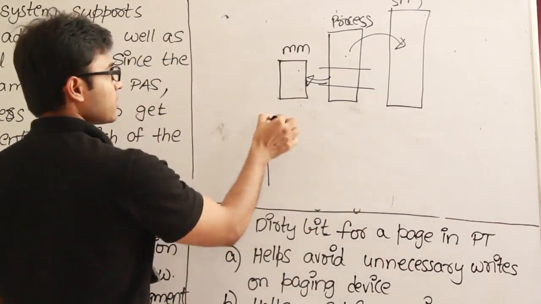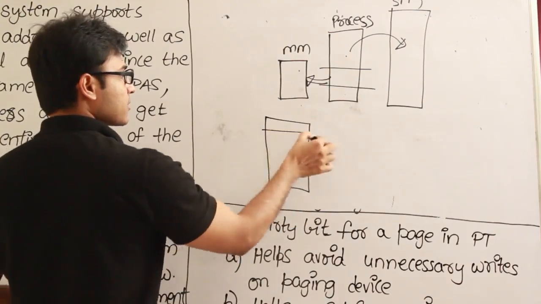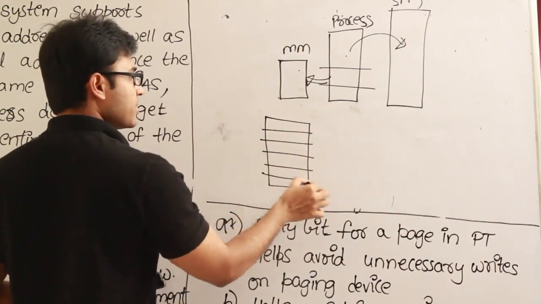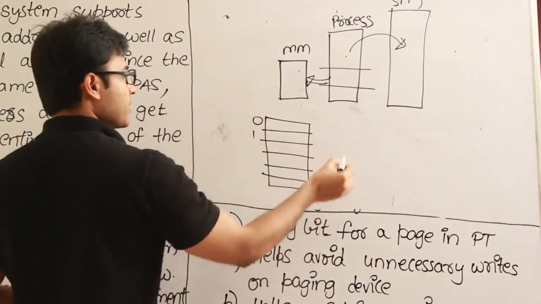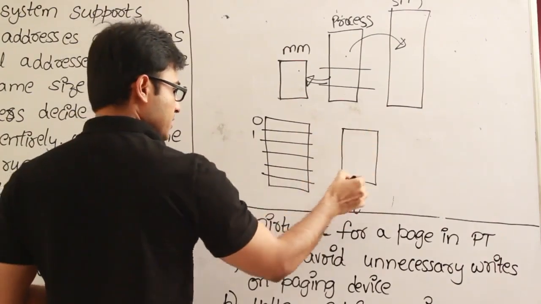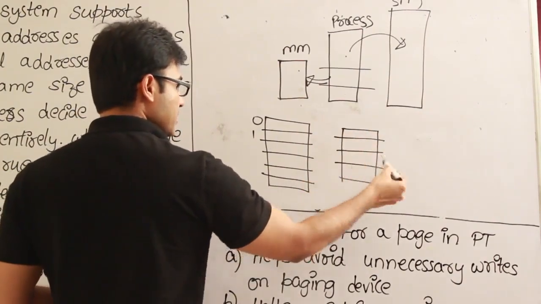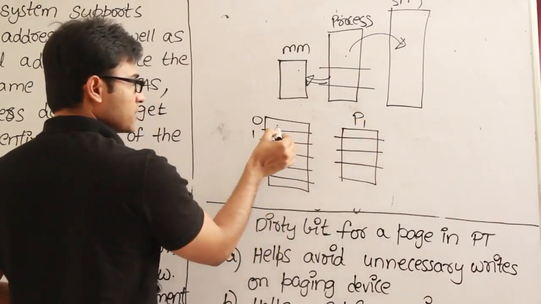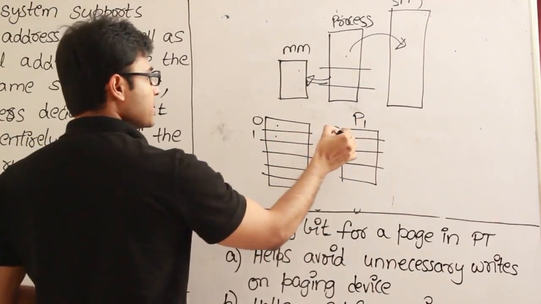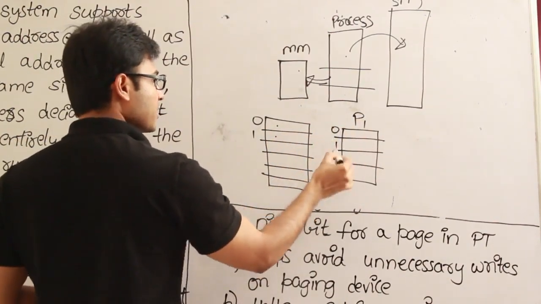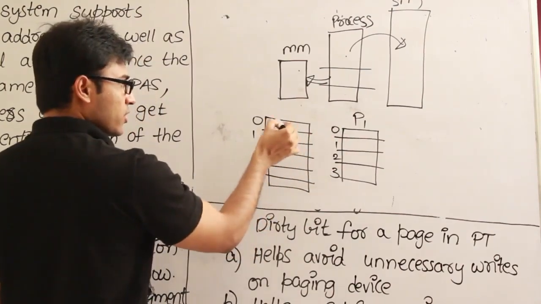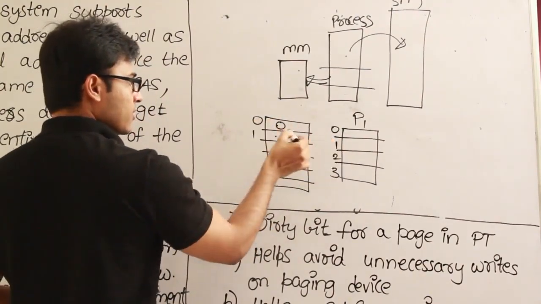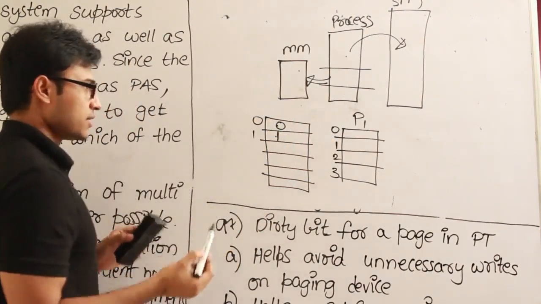Let us assume that this is the main memory, and main memory is having all these pages, frame number 0, frame number 1, and this is the process, and the process is having 4 pages, right? So assume that this process P1 is given frames 0 and 1 in order to run its program. Therefore, page number 0 is loaded in frame number 0 and page number 1 is loaded in frame number 1, and it is running successfully.